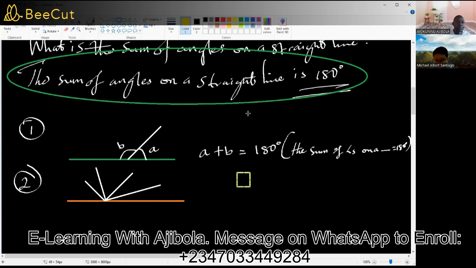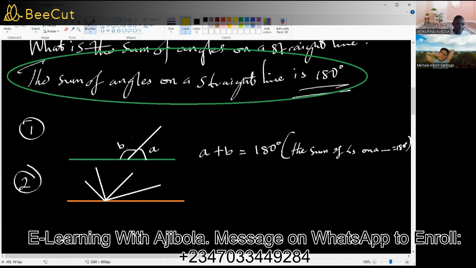Four. Are you sure? I'm sure. Look at it. There is an angle in this place, okay? And there is another angle here between the two lines. There is another angle between the two lines, and another angle between the two lines. So how many angles are there altogether?